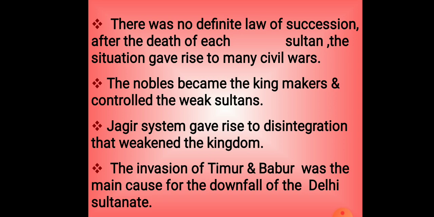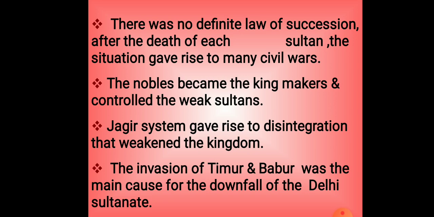Next, here we have an important part. There was no definite law of succession. After the death of each sultan, the situation gave rise to many civil wars. The nobles became the king makers and controlled the weak sultans. The Jaghir system gave rise to disintegration that weakened the kingdom.